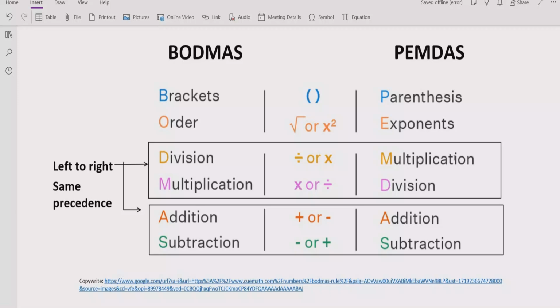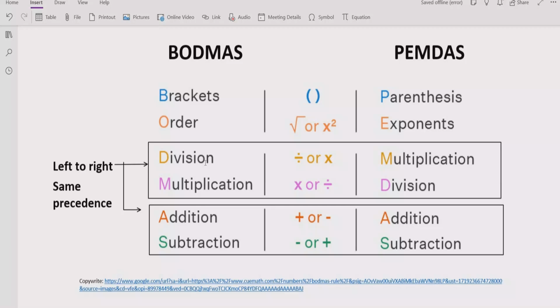After that, you go through your expression from left to right and see which operation is coming. First, you look at division and multiplication, and keep in mind both have similar precedence. If division comes first, you solve division first, and if multiplication comes first, you solve multiplication first.